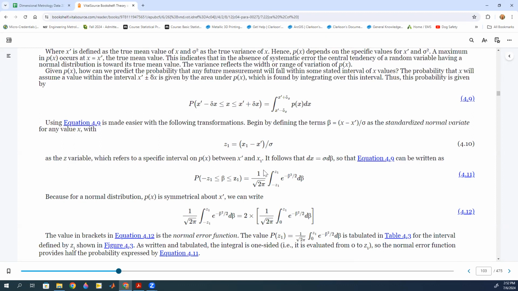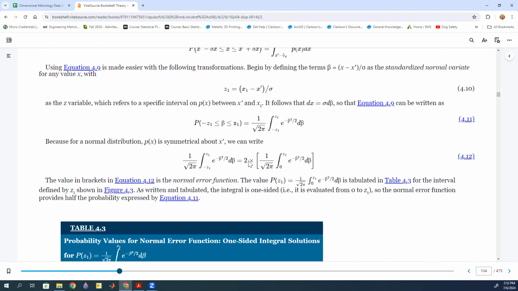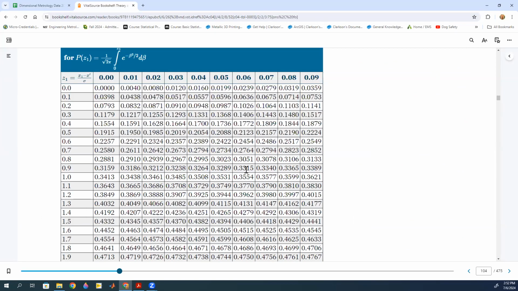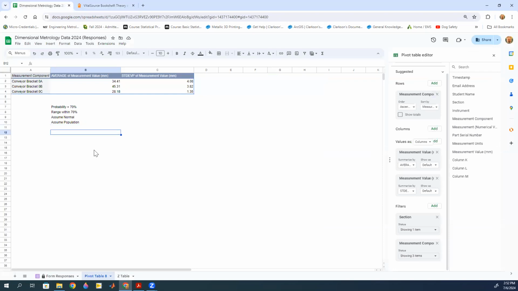Because that's symmetric, it's common to tabulate that one-sided, where essentially the probability has to be multiplied by 2. And so to get our probability, we need to go back here and say, okay, well, P that we're interested in is actually 0.70 divided by 2, which is 0.35 or 35%.